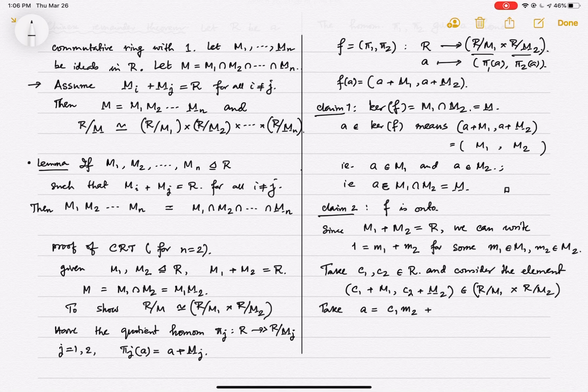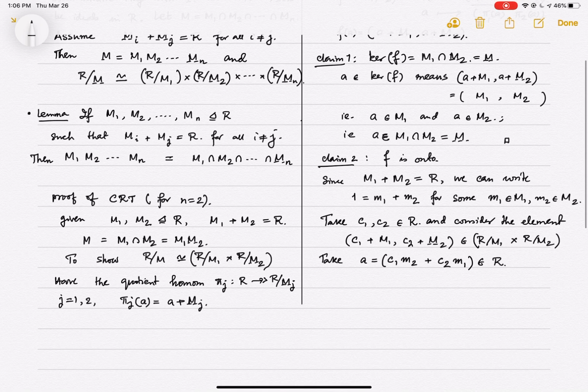You take this guy. This is an element of R, all right. Let's calculate what is A mod M1. It's C1 times m2, but m2 is 1 minus m1, plus C2 times m1.